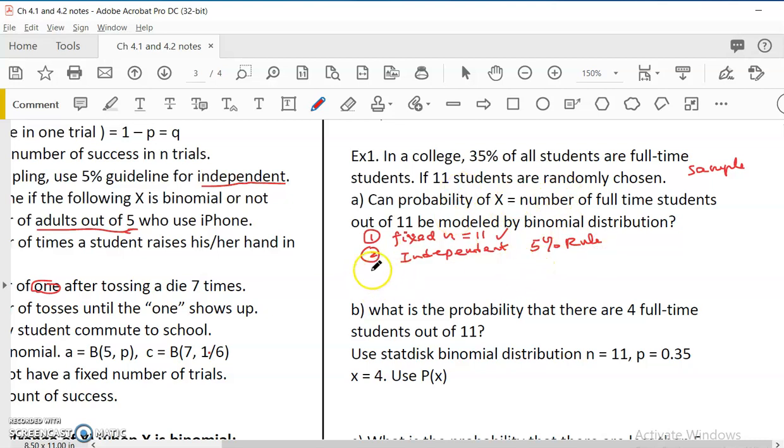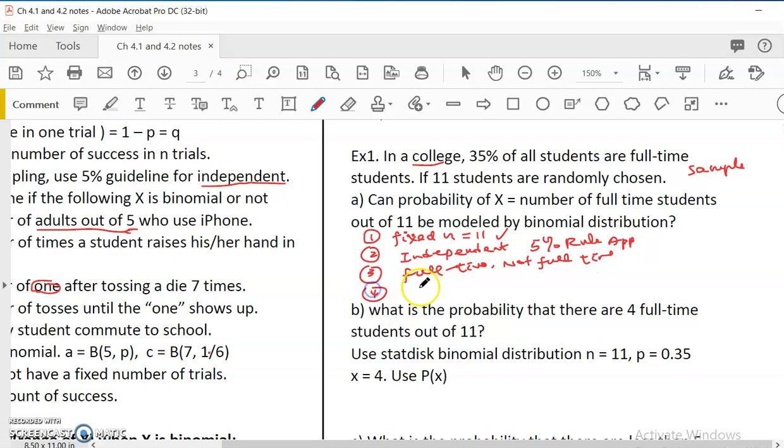Eleven students is really low unless you only have a class of 40 students, but this is about a college. So the 5% rule applies: even though you're sampling without replacement, you can still treat it as independent. Third, do we have two outcomes? Yes, full time is what you are counting, and not full time, part time or whatever, is the failure. Only two outcomes.